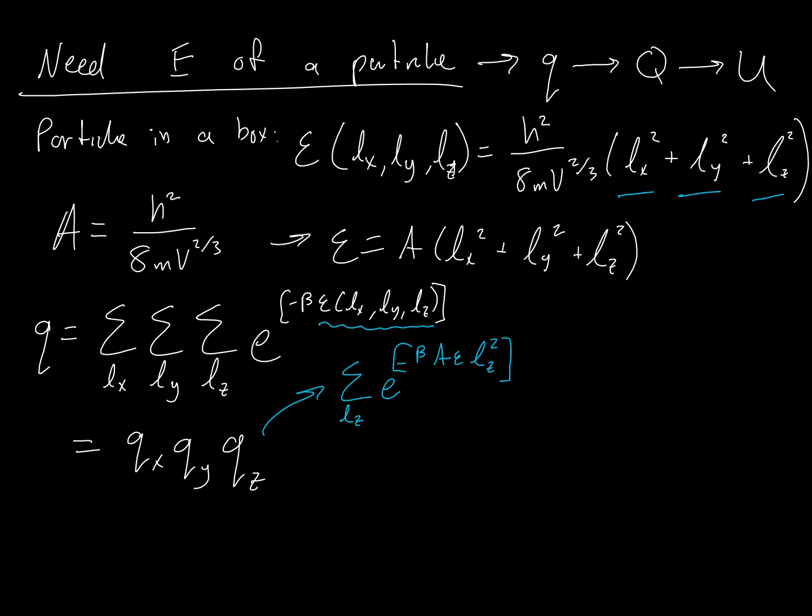And the same thing applies for Ly and for Lx. So now we only have to evaluate this infinite summation for one of the three directions of translation, and then we just cube it, and that simplifies our math a little bit.